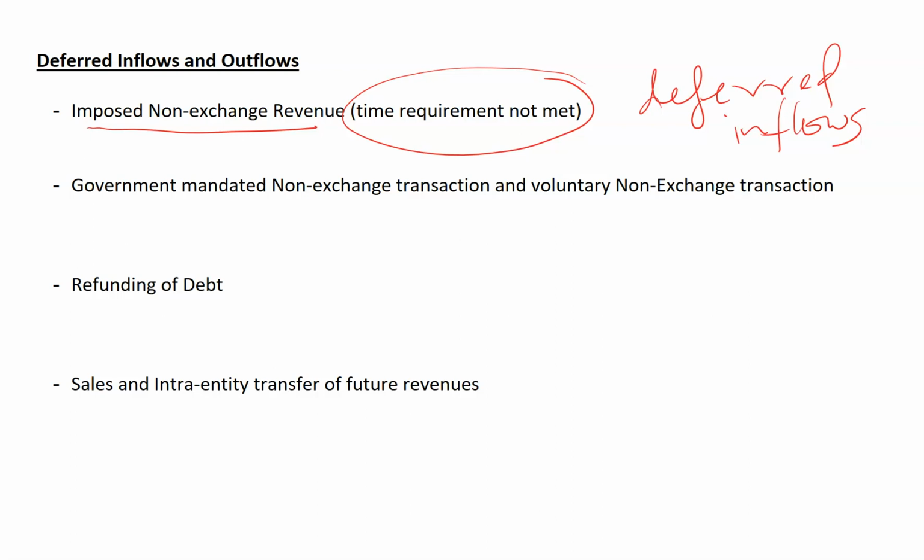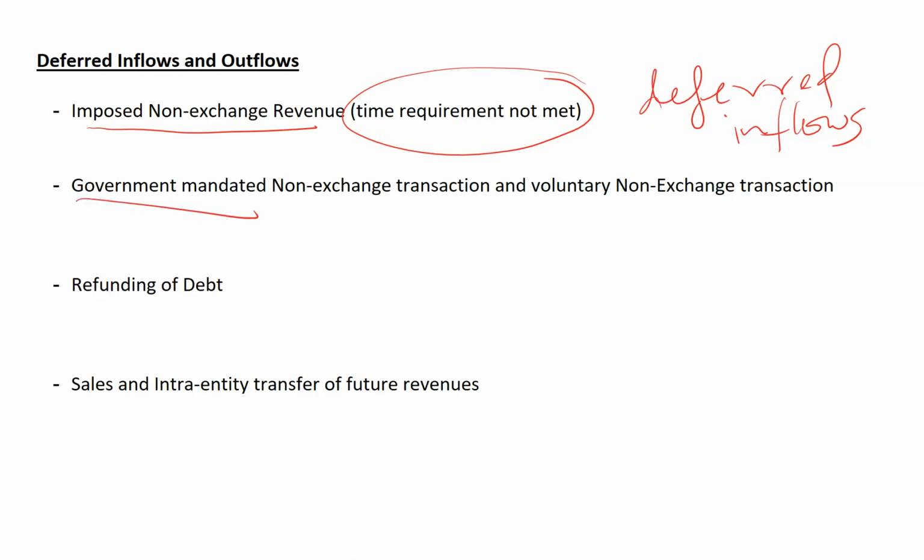That means we are collecting in year one or immediately after the current year, within 60 days when year one ends. That part is our current part, and in fund accounting, governmental funds always use current financial focus, modified accrual. So if there are any imposed non-exchange revenues that will be collected in the future, not immediately in the current year, you have to show that as deferred inflows, not as revenue.